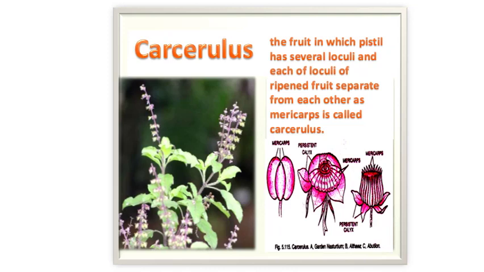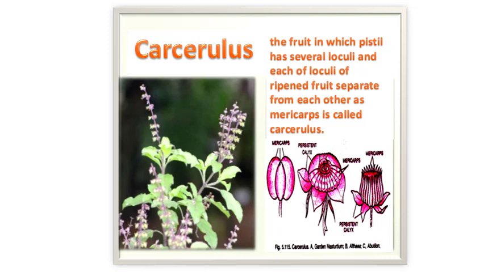This fruit is developed from a bi- or polycarpellary syncarpous pistil with superior ovary, and the formation of a false septum divides the original few loculi into several loculi.